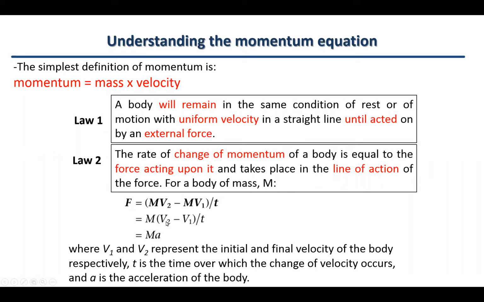The difference of the velocity over the time gives us another variable, which is called acceleration. So we can simplify and write this as F is equal to ma, which is the second law of Newton, and you're all familiar with this formula.